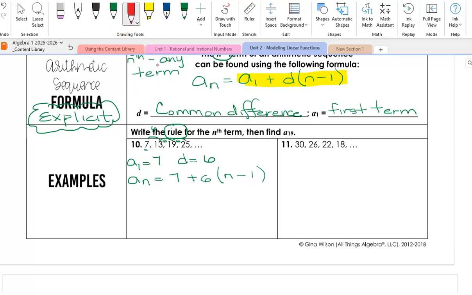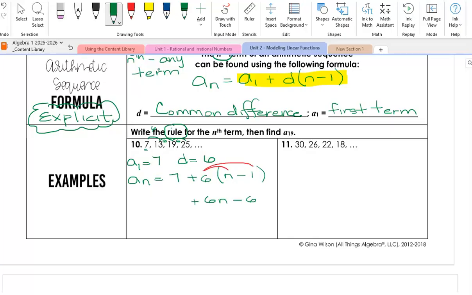The first thing you must do is distribute this 6 to both of these. So you have to distribute it twice. So 6 times n is 6n, a positive 6n. 6 times -1 is a -6.